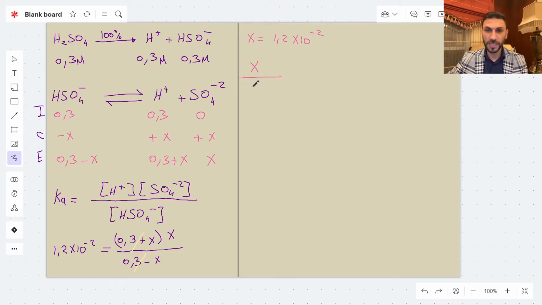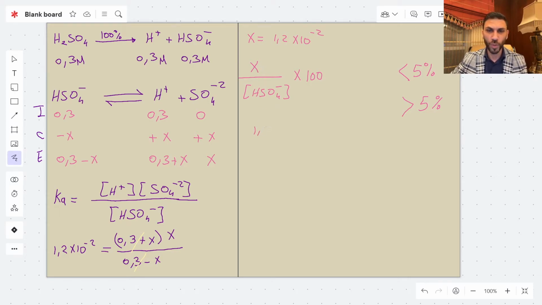Now, the rule is if the product here is less than 5%, then we can neglect X and we can find X equals to 1.2 times 10 to the power of negative 2. But if it was greater than 5%, we cannot do this, and we need, unfortunately, to do the quadratic equation.